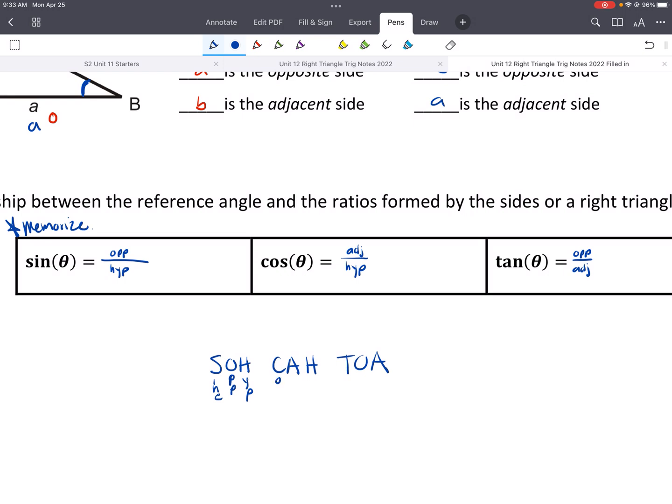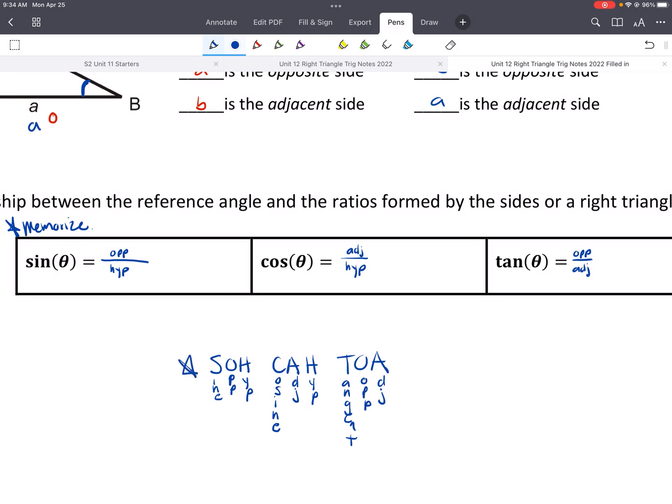This is cosine, that's how we spell it, cosine, is adjacent over hypotenuse. And then we have tangent, which is opposite over adjacent. So SOHCAHTOA. Just try and memorize that.